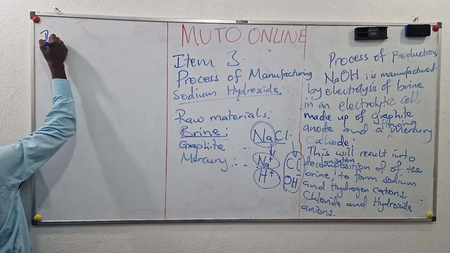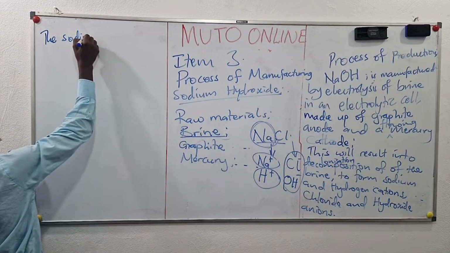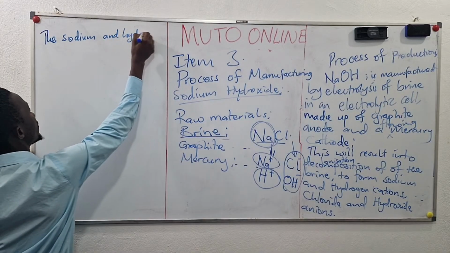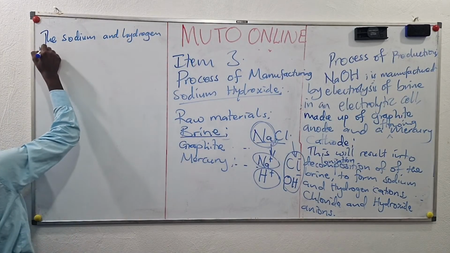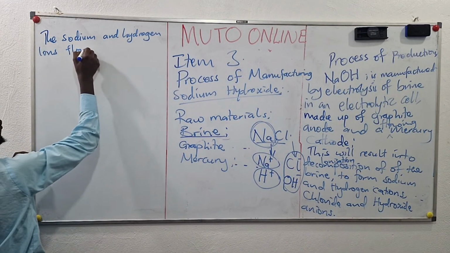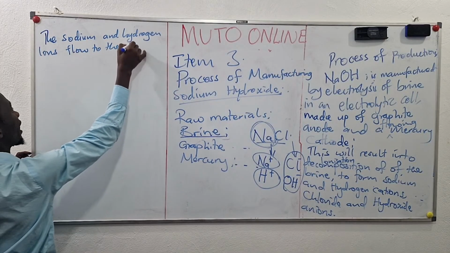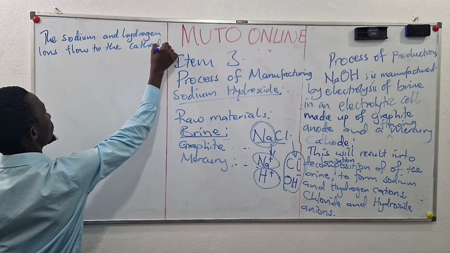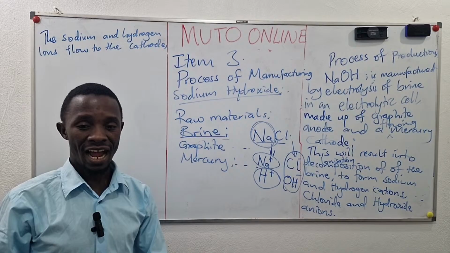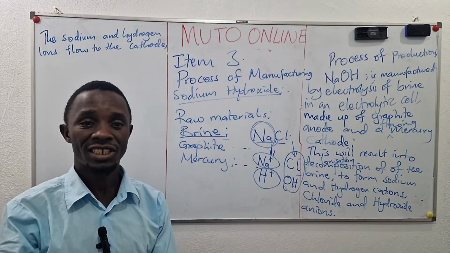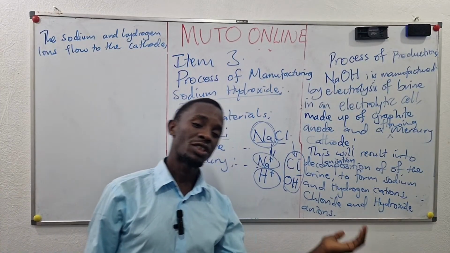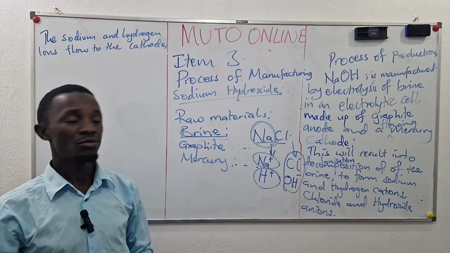Here, the sodium and the hydrogen ions flow to the cathode. Remember we said that once the ions are at the electrodes, they are discharged. And we said discharging is converting the ions to respective elements, removal of charge.